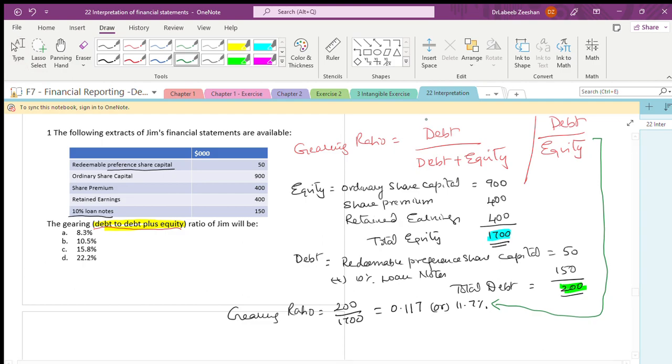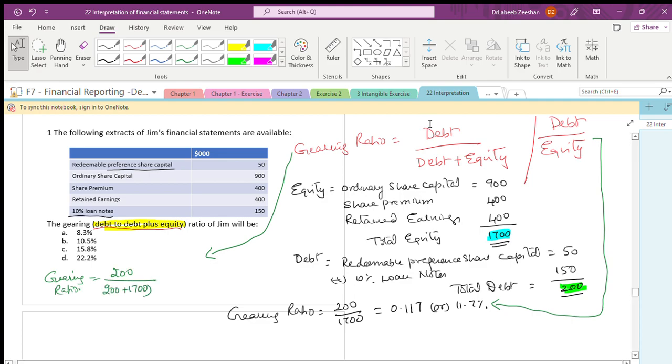With respect to this gearing ratio, how much is the debt? Debt is 200. Debt plus equity. We did it a little bit fast. Debt plus equity.